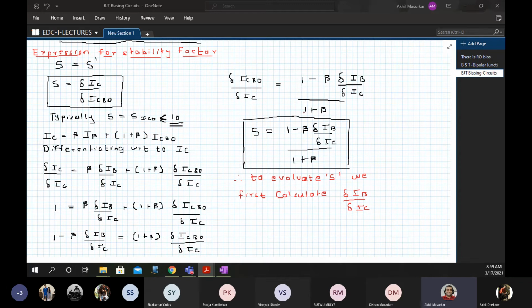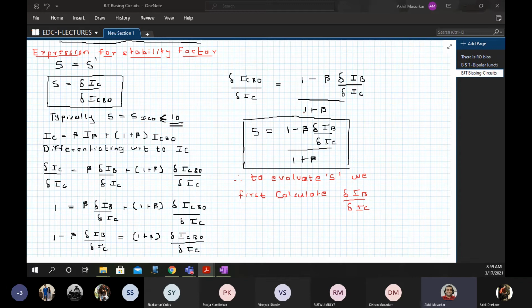However, that might not be possible because every now and then the temperature is going to change and fluctuate. So that might cause some change in some circuit parameters. And that is why we had to introduce the concept of stability of the Q point, which mainly depends on the ICBO, which is collector to base reverse leakage current.